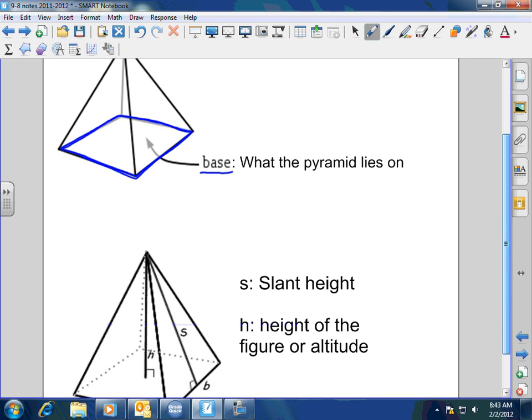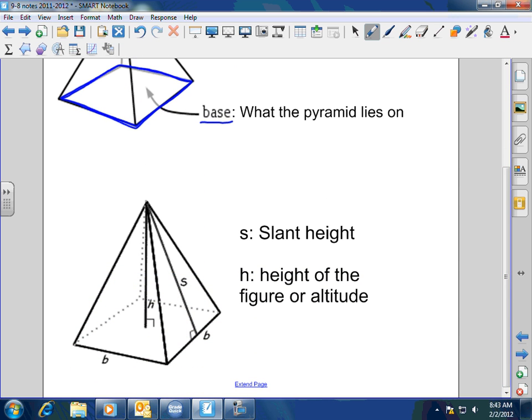So now, just like we created right triangles in the rectangular prism, we can create right triangles with our pyramids as well. Let's look at this and I'll color code it. Slant height, guys, is this line right here, S, and it is literally on the face. It is the height of the face.